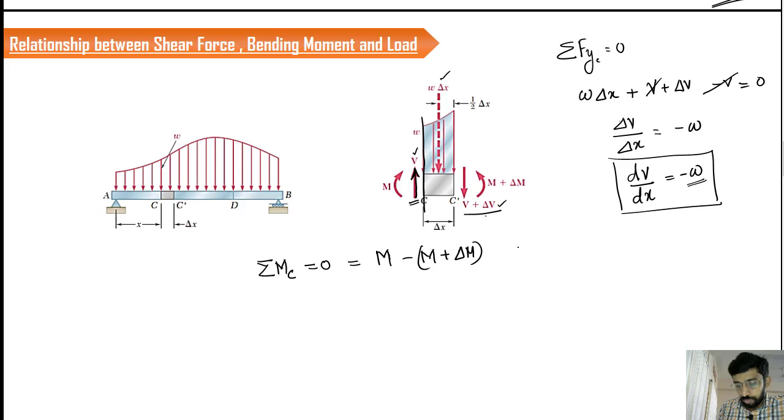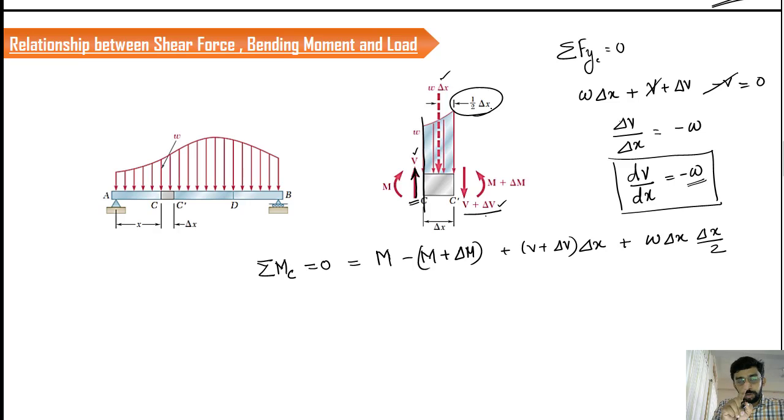So if we take the moment about C, we can say that V plus delta V into what? The distance delta X is going to give you the moment caused by the V plus delta V. And now the last moment that we have to consider is contributed by the UDL W. So the net load is going to be W into delta X, and the distance is going to be delta X by 2.